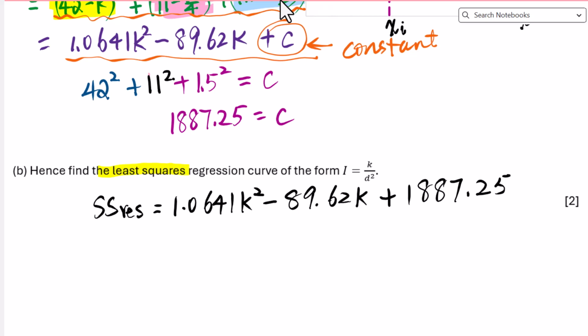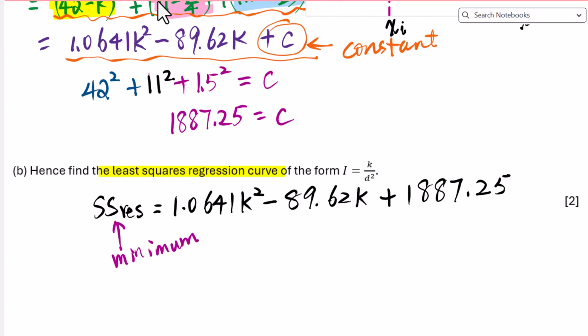Least squares regression curve means we are looking for the minimum value of the sum of square residuals.